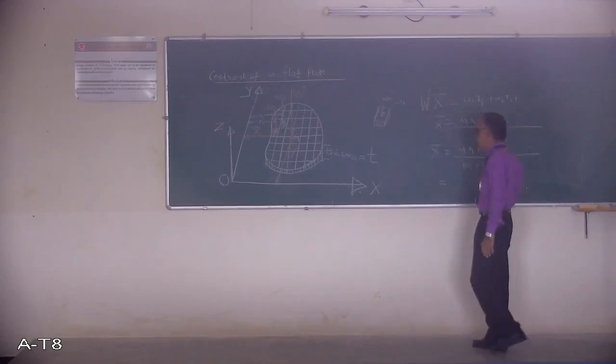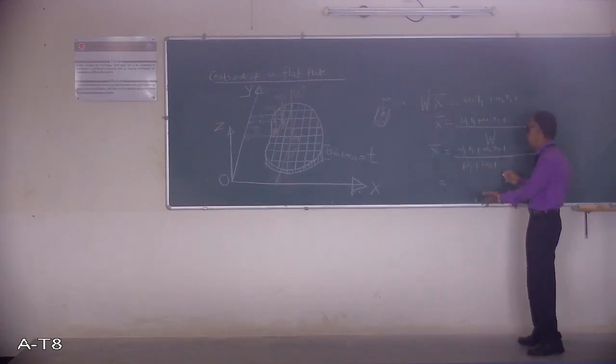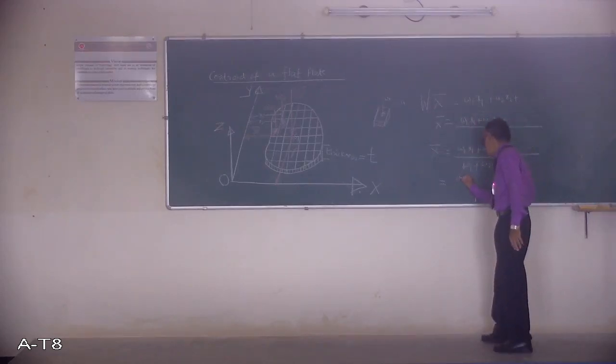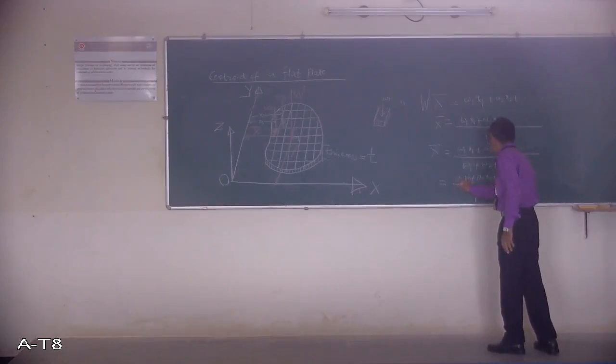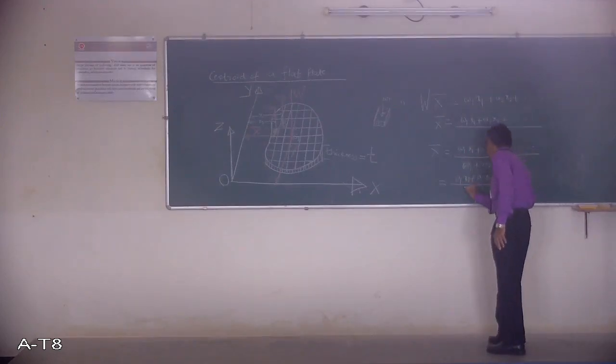After simplifying, how do we get this equation? A1 into x1 plus A2 into x2, and so on, divided by A1 plus A2, and so on. Same equation.